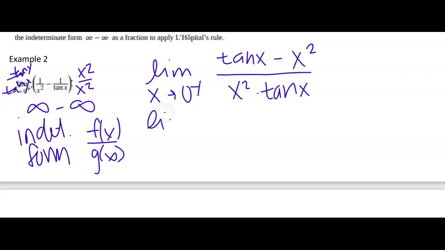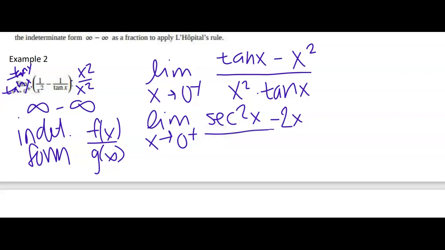So I'm going to have the limit as x goes to 0 from the right, derivative of tangent is secant squared, minus derivative of x squared is 2x, all over, I'm going to have a product rule, derivative of the first times the second, plus the first times the derivative of the second. Okay, so now when I plug in 0 from the left in the top, secant squared ends up going to 1. You can look at a graph for that, minus 0.